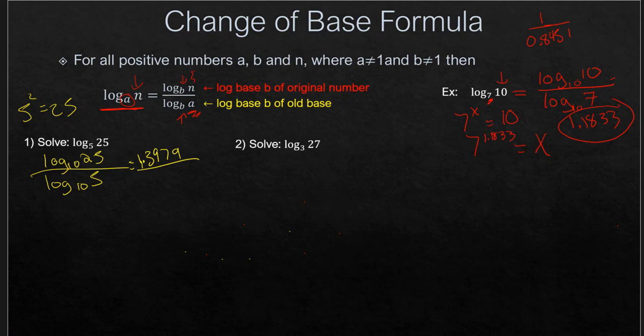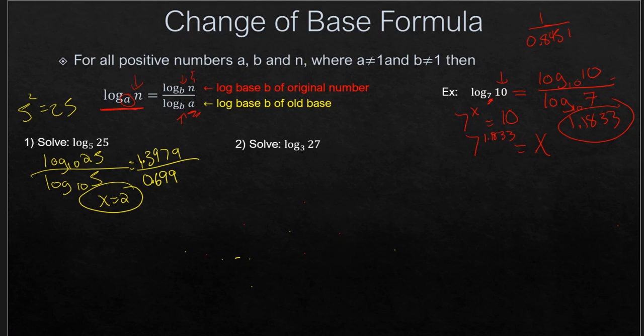The log of 5 is 0.69897, so we'll round it to 0.699. And we'll go ahead and divide that. 1.3979 divided by 0.699. And your answer should pretty much be 2. Because we already know that that's 2. So the answer is going to be 2.